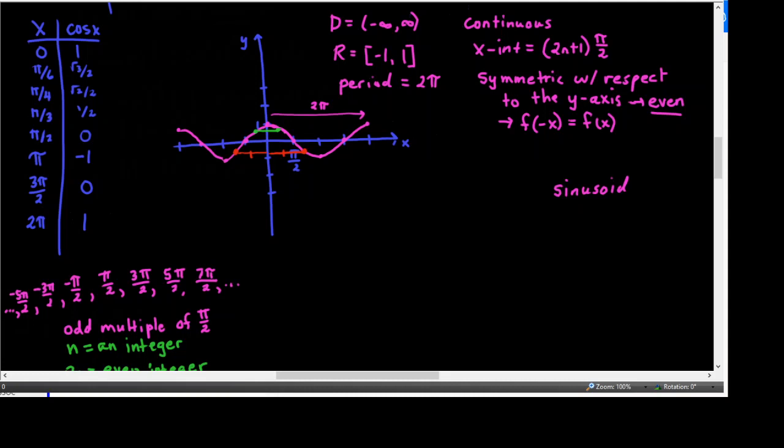Pick this one, oh, let me make it a different color. I'm not going to draw all the lines because it makes a messy graph, but if you picked this point, its symmetric point is over here. So this is definitely symmetric with respect to the y-axis. You can tell that from the graph, which means it's an even function, which gives us the even odd identity cosine of negative x equals cosine of x.